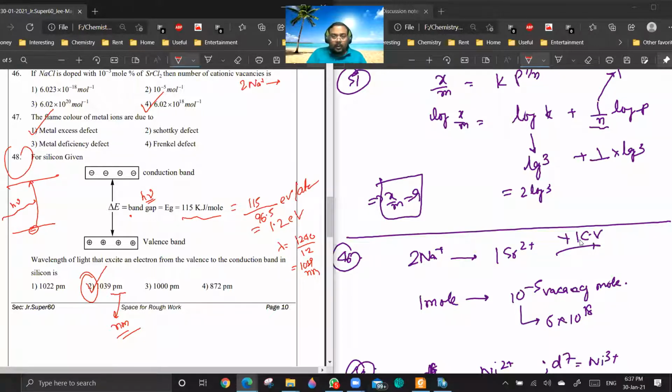I have given that 1 electron volt per atom is equal to 96.5 kilojoule per mole. So this will come to be 1.2 electron volt. Now, if you know the energy of the photon, you can calculate lambda by using this formula, 1240 by E photon, lambda in nanometers.